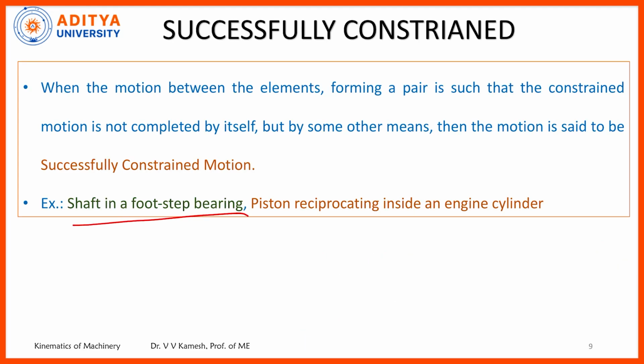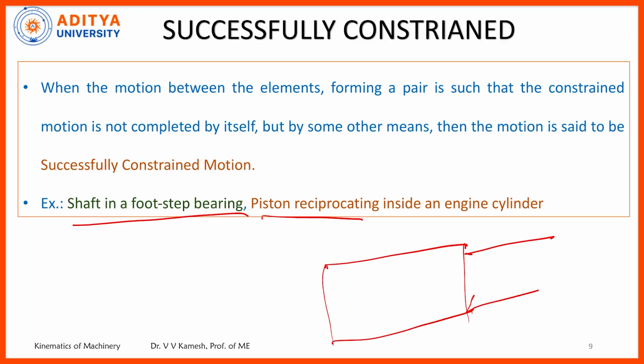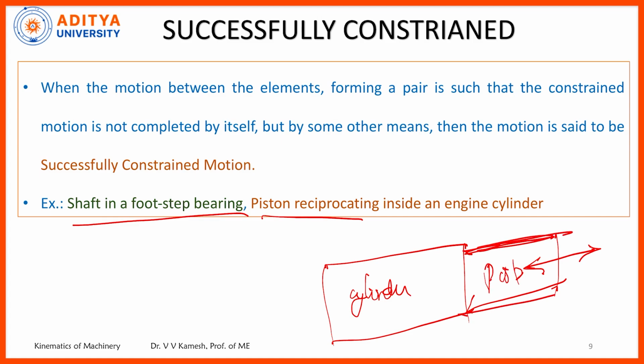The shaft and the footstep bearing, and the piston reciprocating in the engine cylinder, right. Suppose this is the cylinder and this is the piston. The piston will move in and out of the cylinder. It has some piston rings around it. This piston is to move only reciprocating.